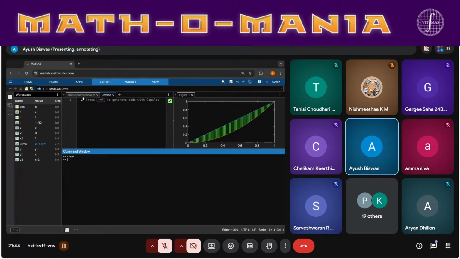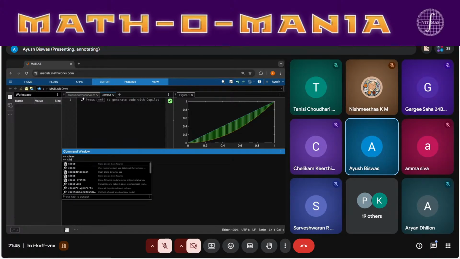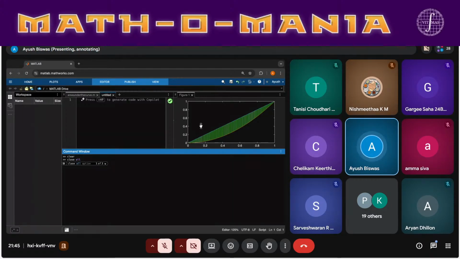Typing clear clears all the variables in the workspace, so you can start afresh. The third basic command is close all. As you can see towards the top right, I have already generated a figure. Close all just closes the figure, so I can maximize the screen for writing the commands.